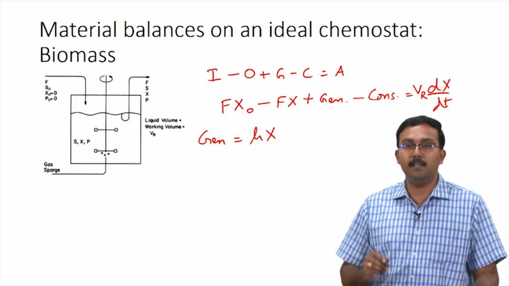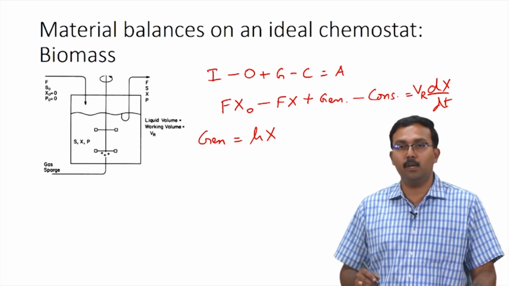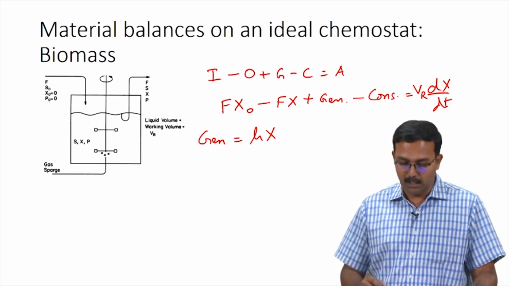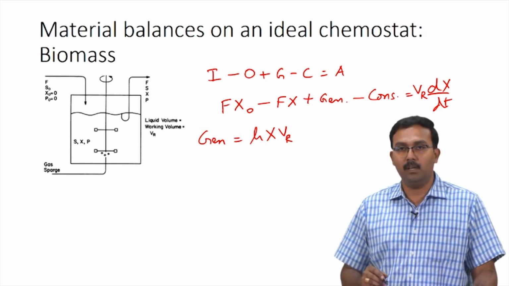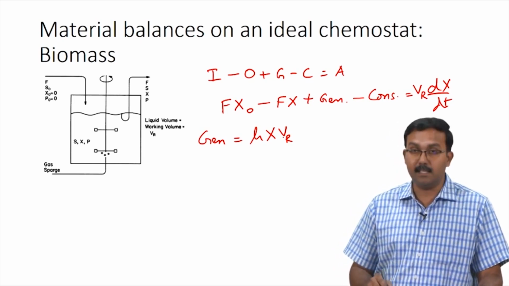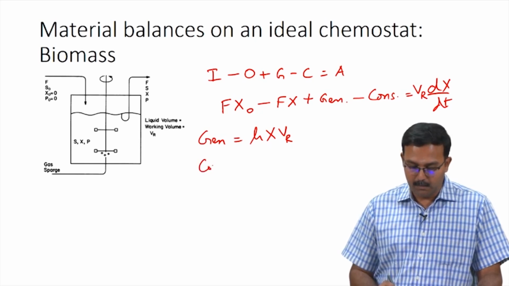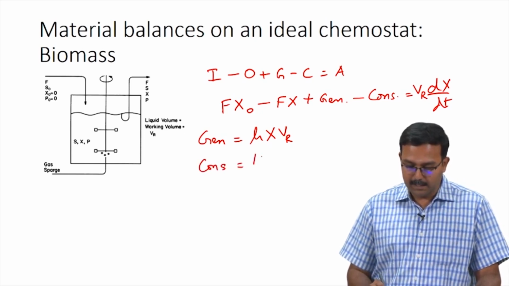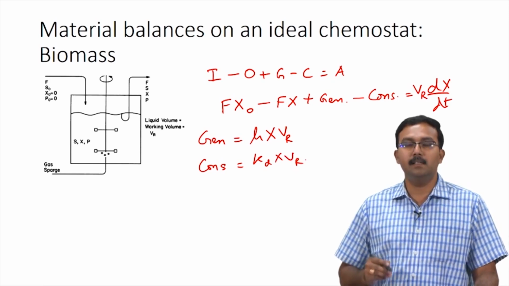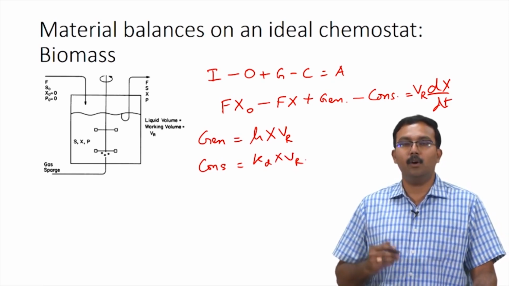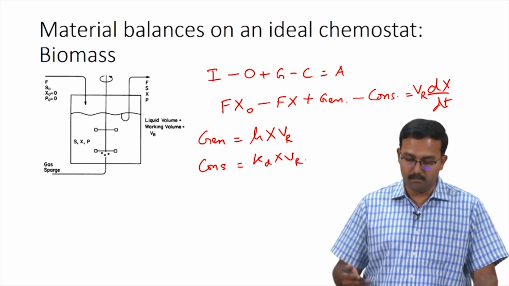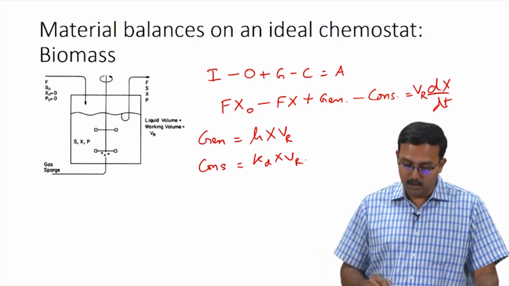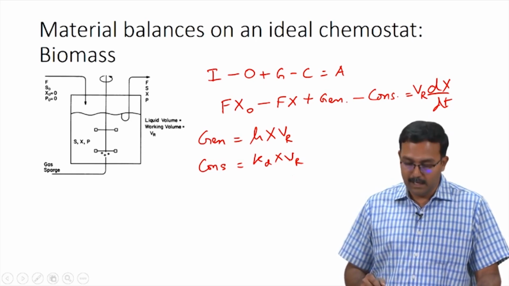We want the change in total mass of biomass or cells with respect to time, so this multiplied by VR, the volume of the reactor, will give us the generation term. Similarly, we get the consumption term as Kd X VR, where Kd is the specific death rate, or the specific rate at which endogenous consumption of biomass is happening.